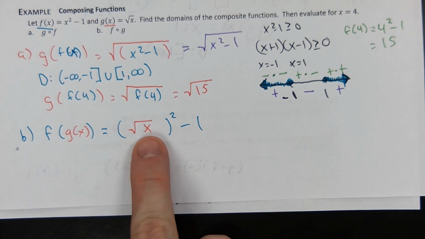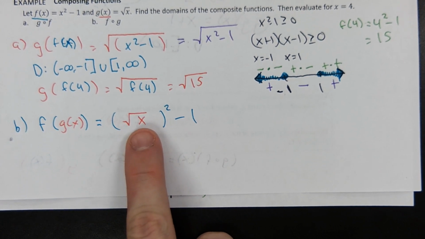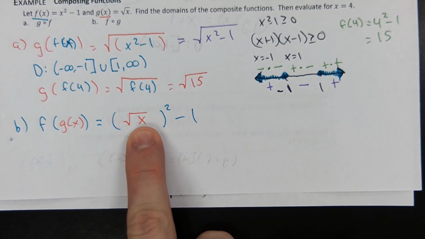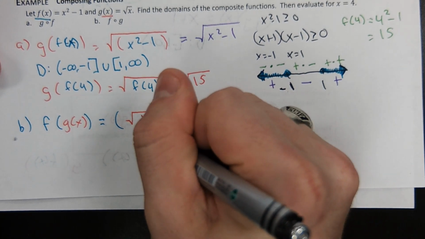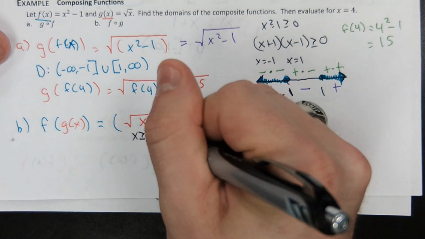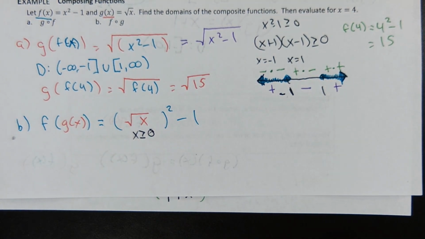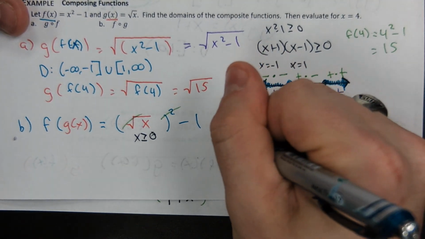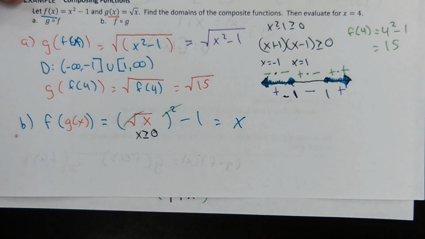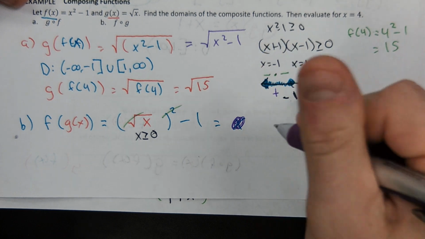Because this x is underneath a square root bar, what do we know about this x? Can't be negative. So what we know is x is greater than or equal to 0. So even though this thing will clean up to a linear function, oh, it's supposed to be purple. Red and blue makes purple.